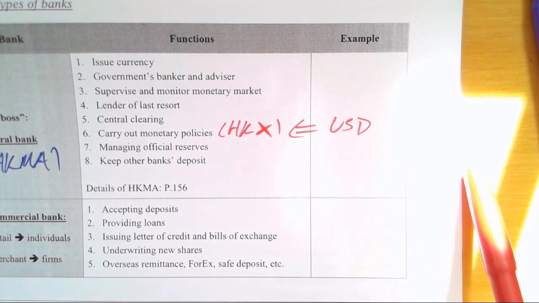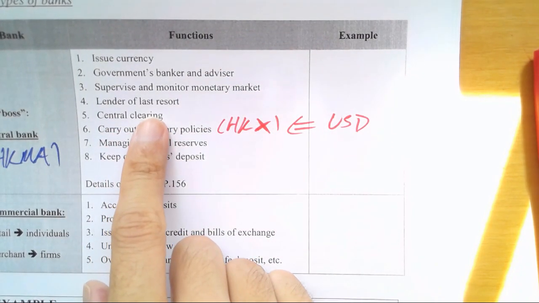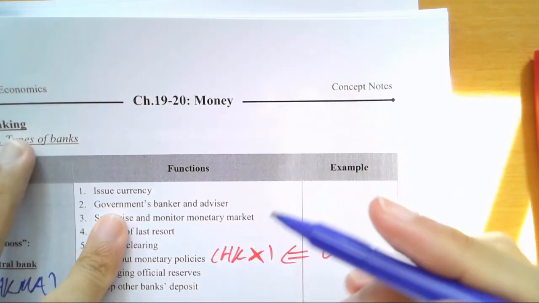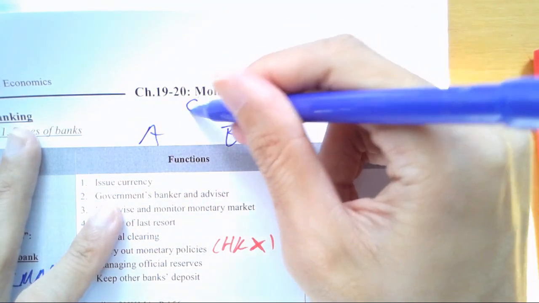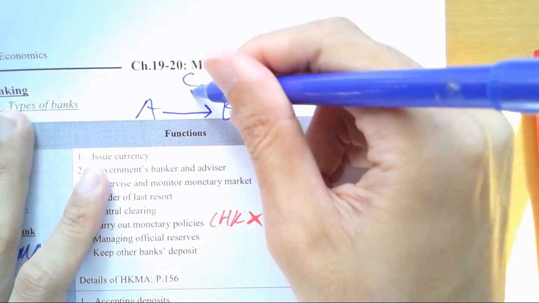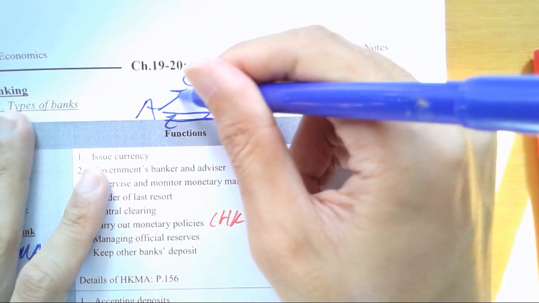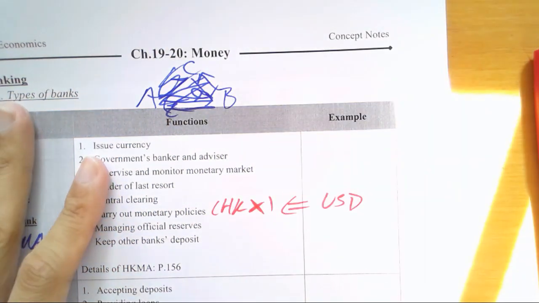Okay, and here, central clearing. Now, what is central clearing? Okay, now let's imagine there are three banks actually, A, B, and C. So in one day, 1 transaction, 2 transactions, 3 transactions, 4 transactions, 5 transactions, so many transactions going on.